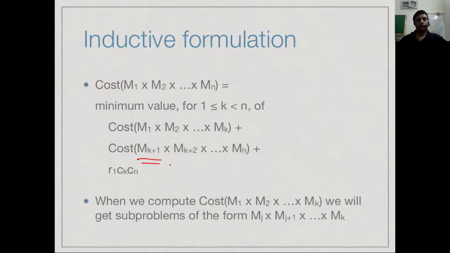Now in turn, if I look at this for example and I break it up, it will break up at some intermediate point mj. So I'll have some mj plus 1 to mk. So I would get arbitrary segments from 1 to n as my subproblems.